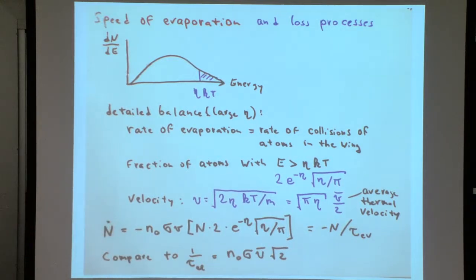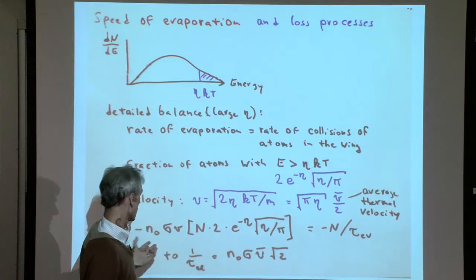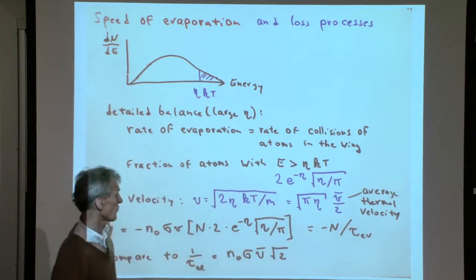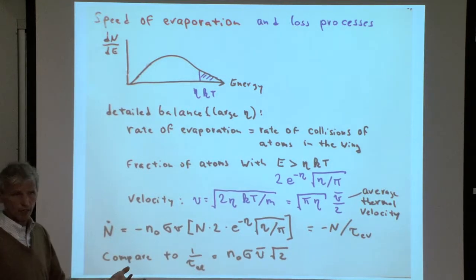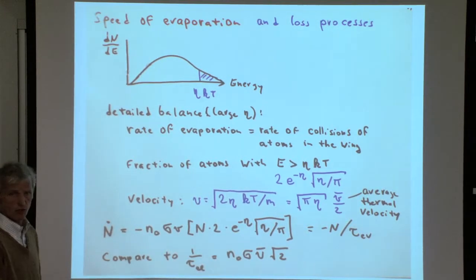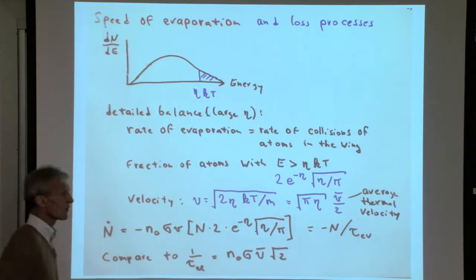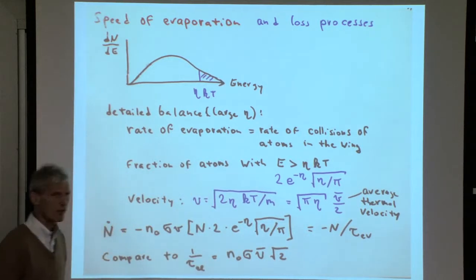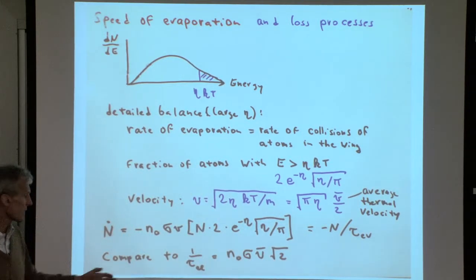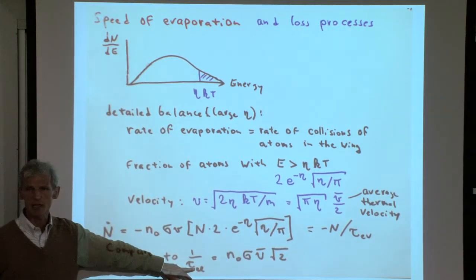Okay, so yes, we have an expression now for the time constant of evaporation, how fast evaporation happens because of elastic collisions which populate the high energy tail. But usually when you have a time constant, you want to express it by another physical time, and the physical time which characterizes a gas is the rate of elastic collisions per atom in a gas.